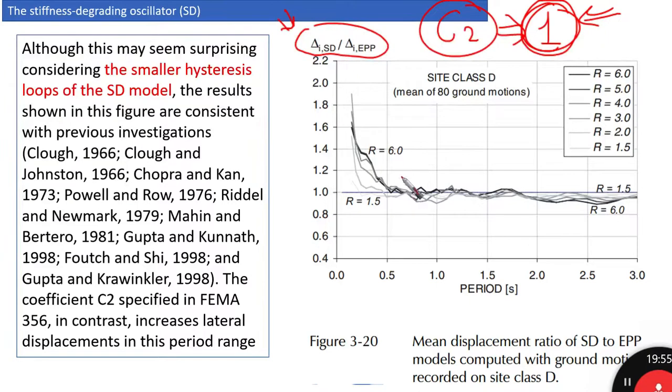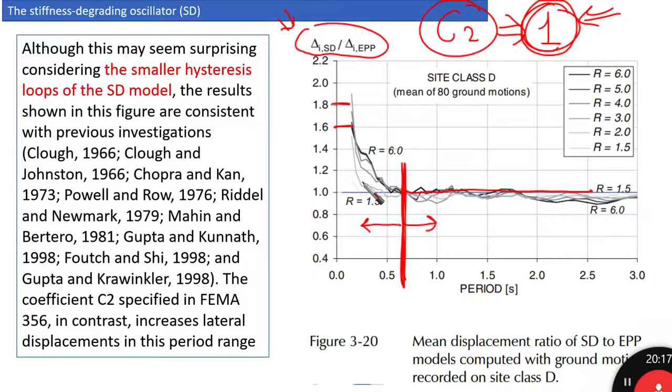Again, I am putting emphasis on this: for periods longer than 0.6, the ratio is almost 1, but for periods less than 0.6, you are going to find the ratio is very high. As you can see here, it is coming to 1.6, sometimes 1.8.